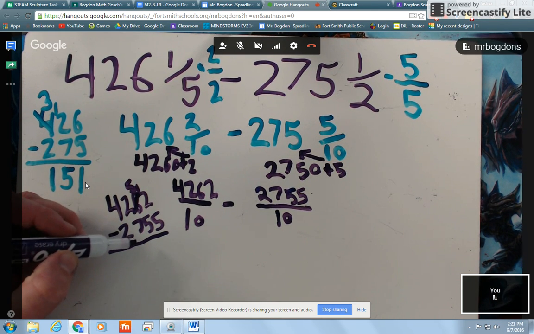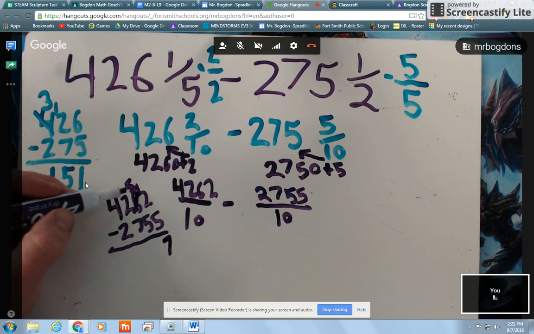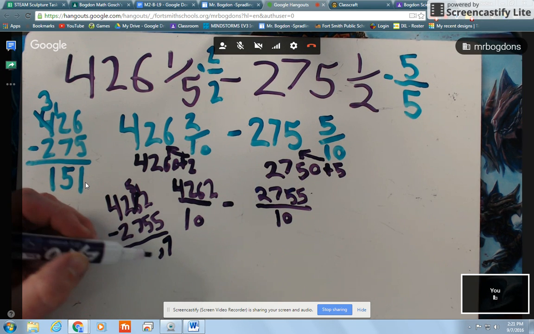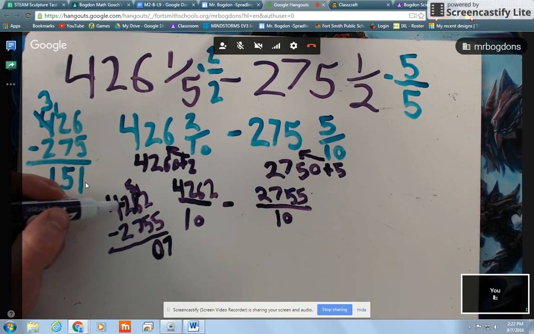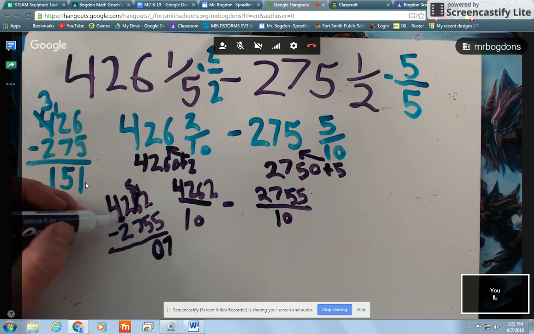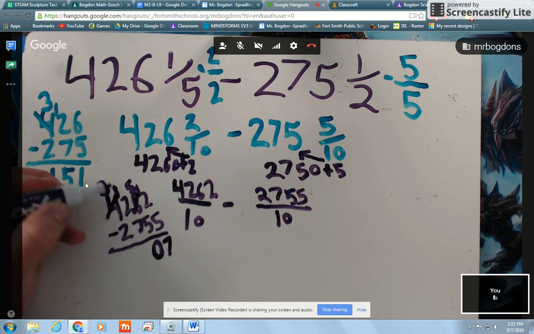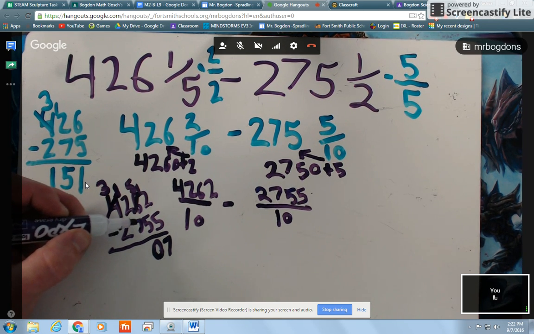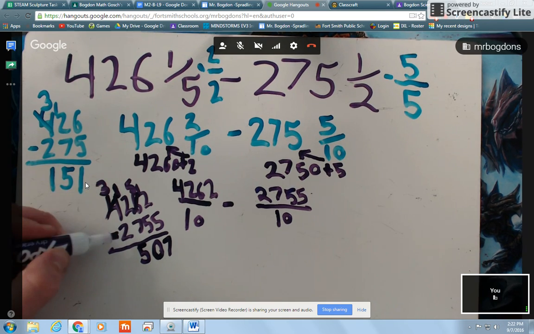Anybody? 12 minus 5? 5 tens minus 5 tens? 0 tens. 2 100s minus 7 100s? Nope, I need to borrow from the thousands place. Yes, I'm regrouping from the thousand. Thank you for correcting me. So now I have 12 hundreds minus 7 hundreds. What's 12 minus 7? 5. Then 3,000 minus 2,000.